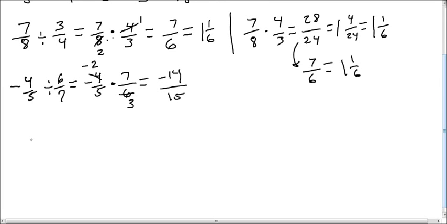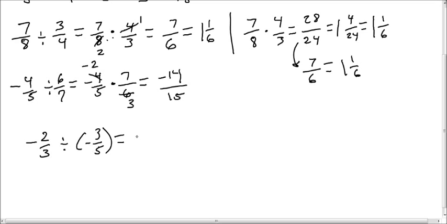Let's take a negative 2/3 and divide that by a negative 3/5. Again, we have rules, and these are rules of integers. Multiplication or division, they're still the same. A negative times a negative is a positive, or a negative divided by a negative is a positive.